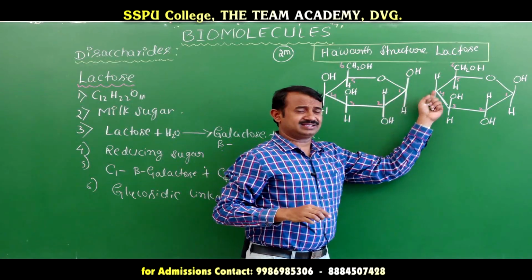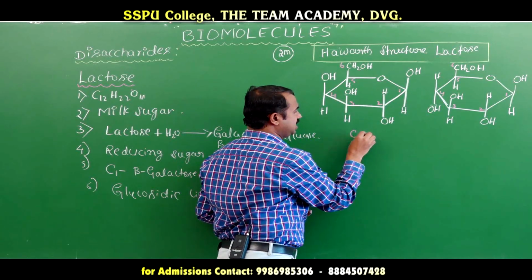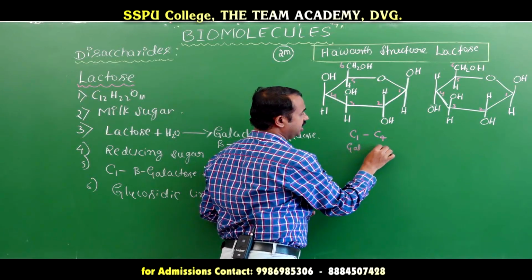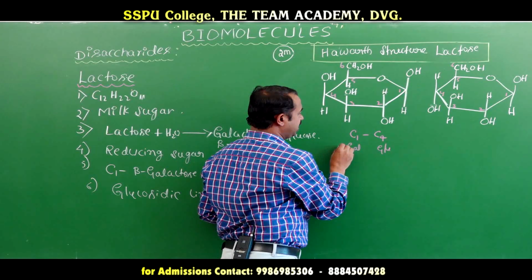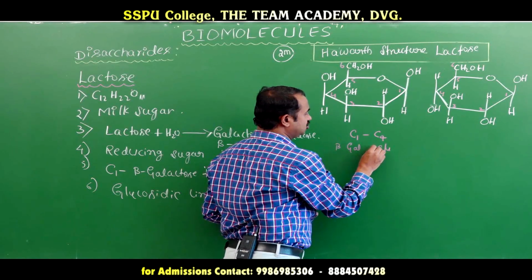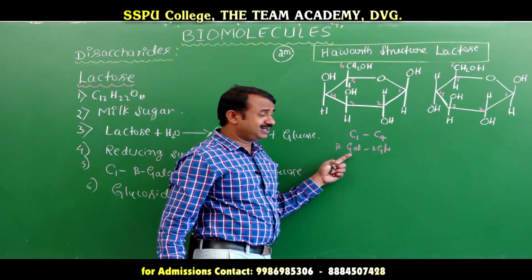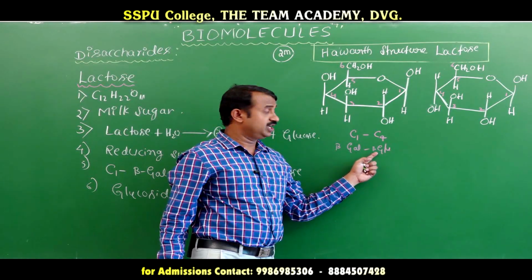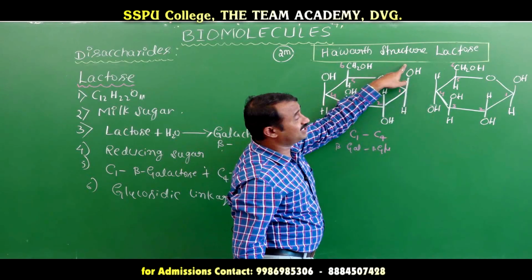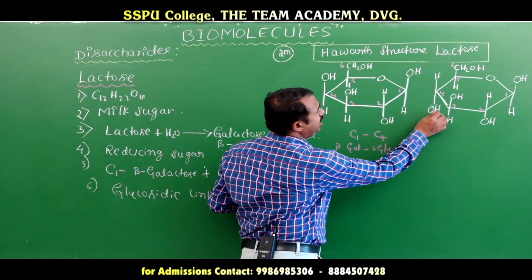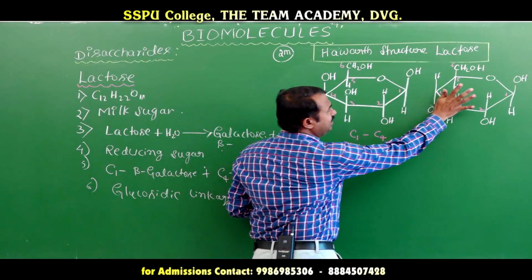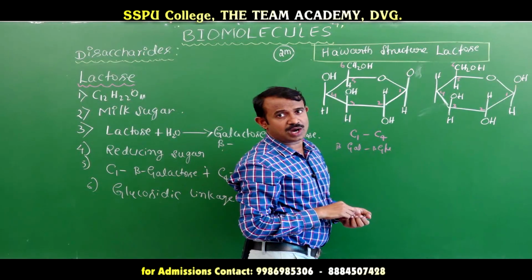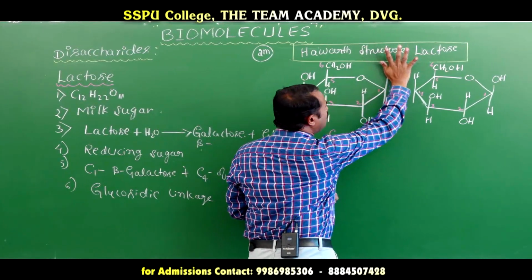C1 carbon and C4 carbon, C1 carbon to C4 carbon. Here galactose, here glucose, both beta. The C1 carbon of beta galactose and the C4 carbon of beta glucose undergo inter-elimination of water, meaning OH from one and H from the other are removed as a water molecule.